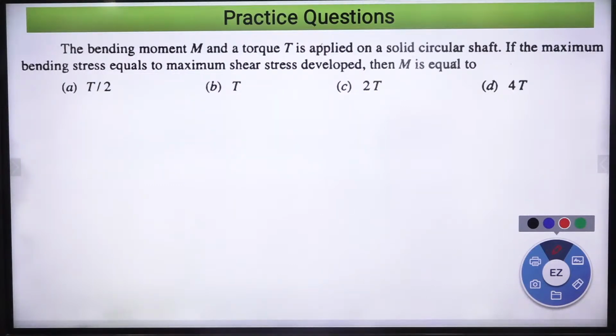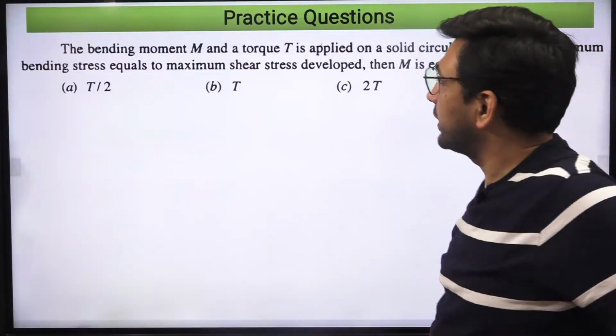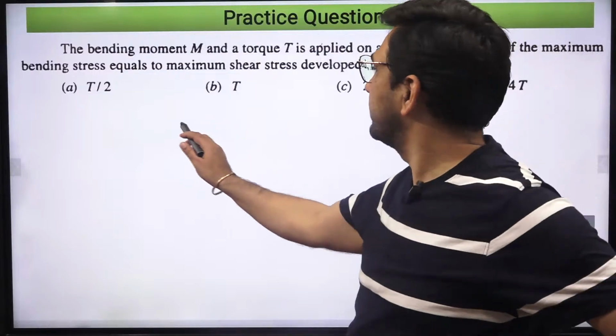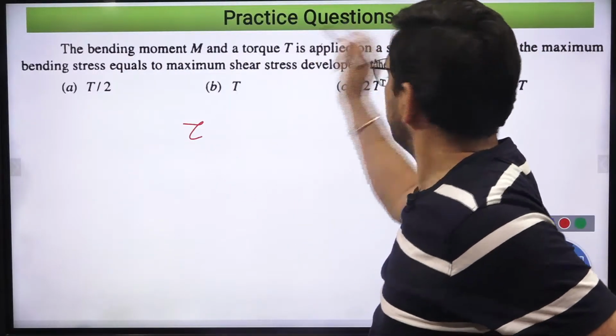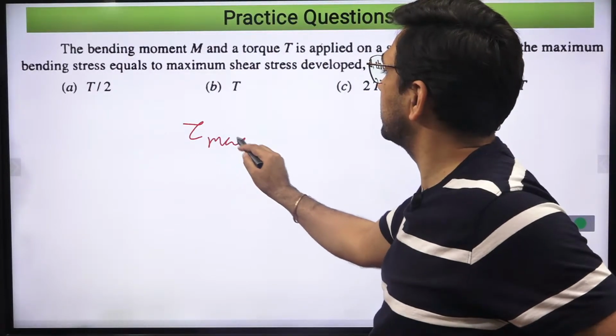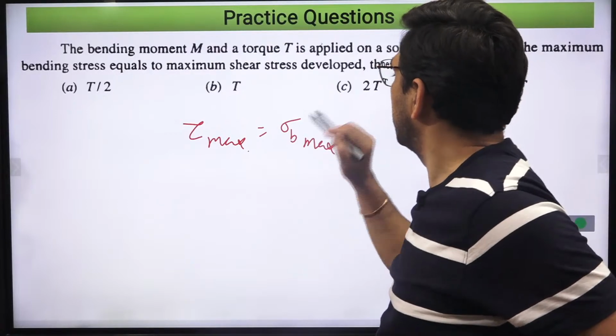If the maximum bending stress equals the maximum shear stress developed, then M is equal to what? So I think you can get it straightforward, because if the maximum shear stress becomes equal to the maximum bending stress, then what is the relation between the torque and the bending moment?